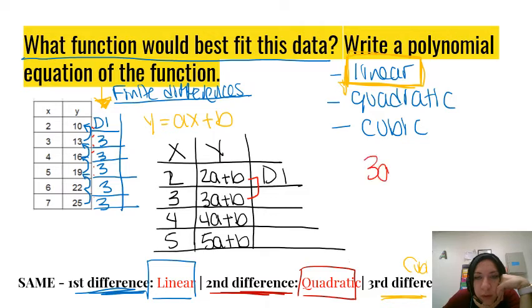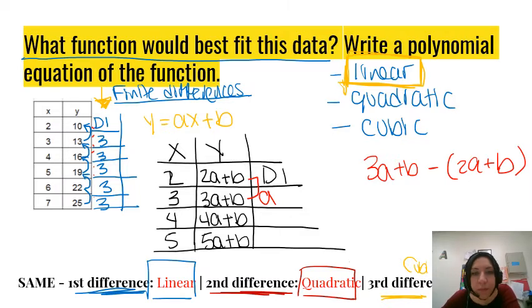That's 3a minus 2a, which leaves you with 1a. b minus b cancels out, goes to 0. Same thing here: 4a minus 3a leaves you with a, b minus b is 0. 5a minus 4a is a, b minus b goes to 0.